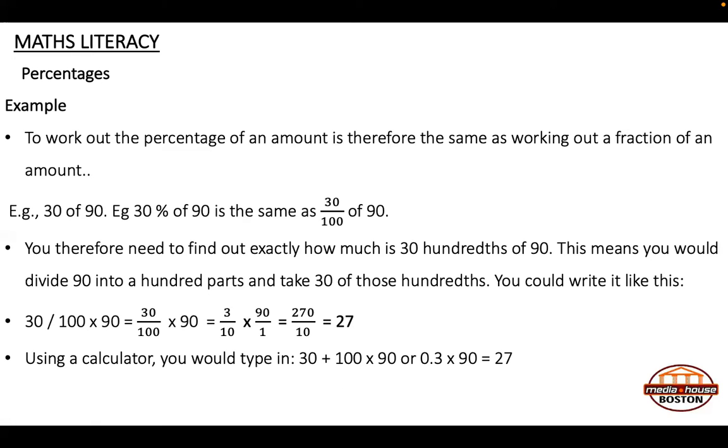If you use your calculator, if you have it in front of you, it's really easy. 30 divided by 100, get your answer, times 90, 27, okay? You can even do, which I find is much easier, 0.3 times 90, and it's going to give you 27. So you should have your calculator with you today to do these exercises, to get some practice.